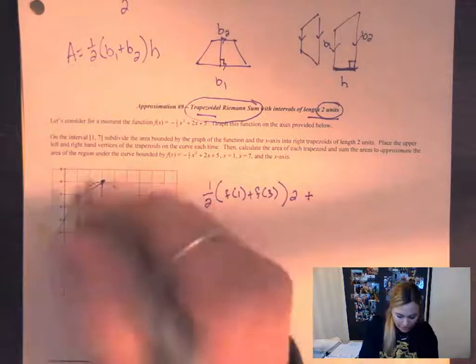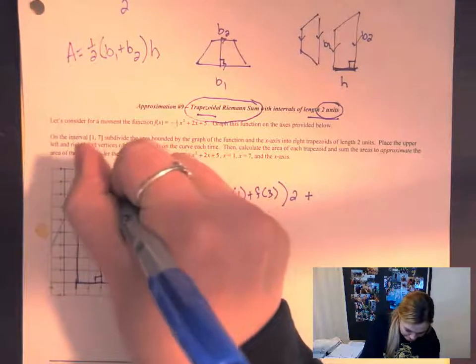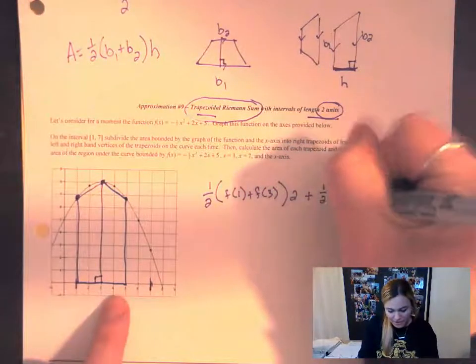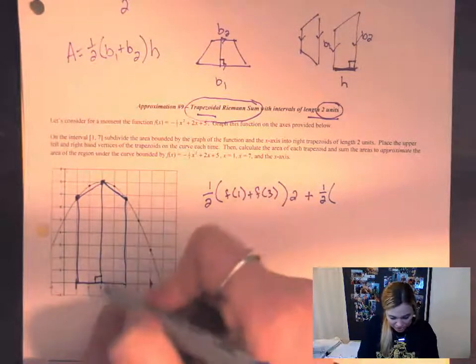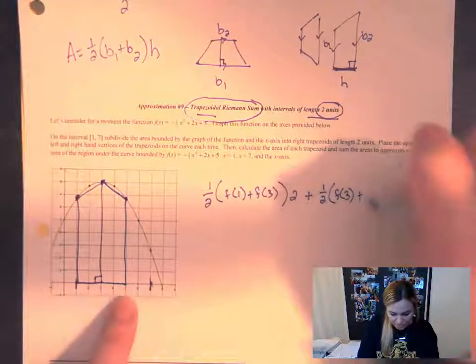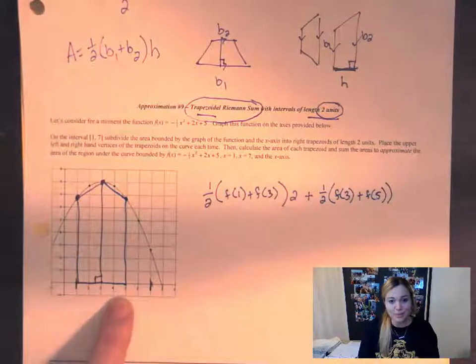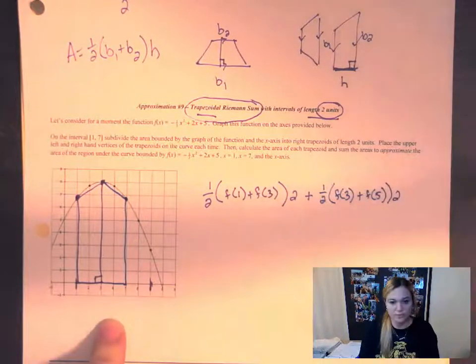If I go from 2 units, (1/2), my base 1 would be here or here, doesn't matter which one, so f of 3. My base 2 is going to be f of 5. And my height is perpendicular to that base, 2.